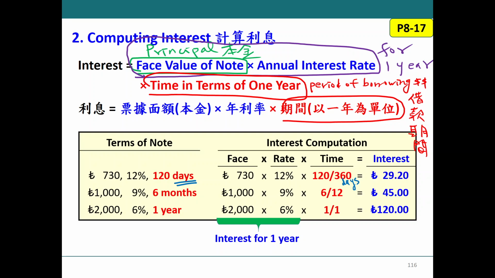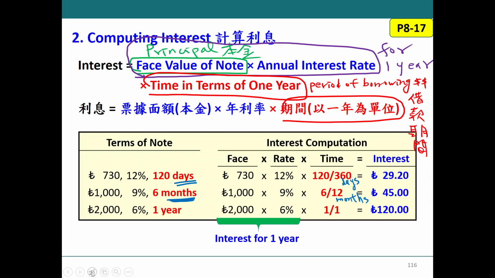$29.20. What if we express it in months? Then it's easier for you to compute in months. So based on 12 months, you owe the money only 6 months. Okay? Any questions? No problem, right? Always last part, you should be careful. Always you will forget the last part. Okay?